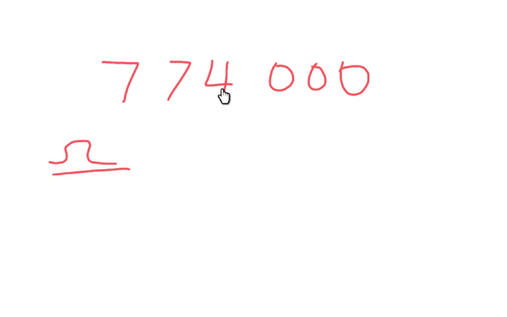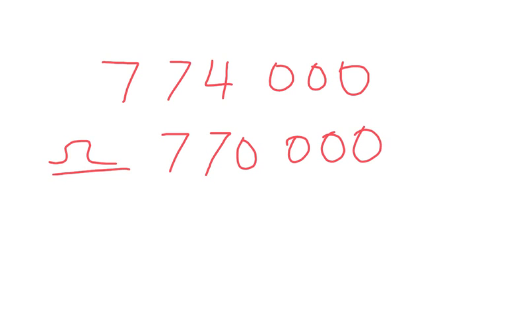This rounded doesn't add 1 to the 10,000 because it's not up to 5. So we have 770,000. So if we correct 774,000 to the nearest 10,000, we have 770,000.